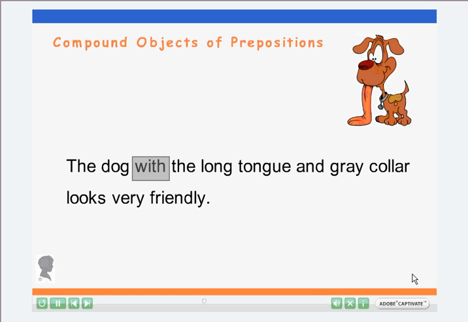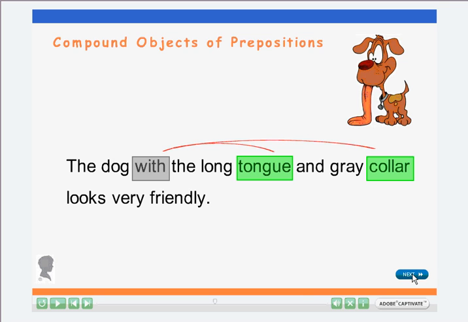What is the object of this preposition? There are actually 2. The dog has a long tongue, and he also has a gray collar. The nouns tongue and collar are the objects of the preposition with. Be sure to look for more than one object after you have identified a preposition in a sentence.